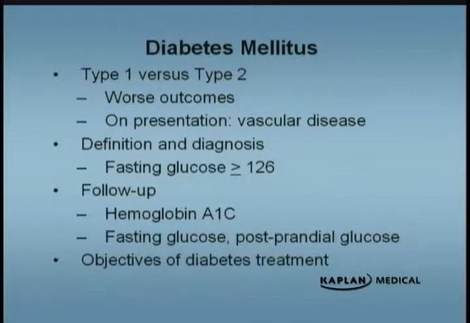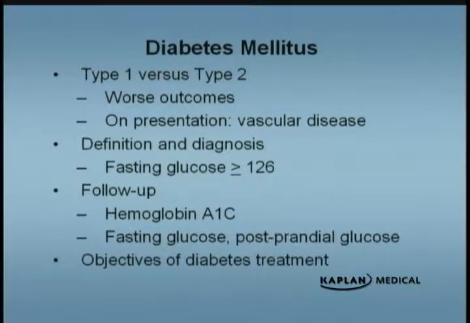So please remember that. The definition and diagnosis of diabetes has changed over the last 7 to 8 years. It used to be any sugar over 200. Patients have diabetes if they have a sugar over 200, which is probably right.